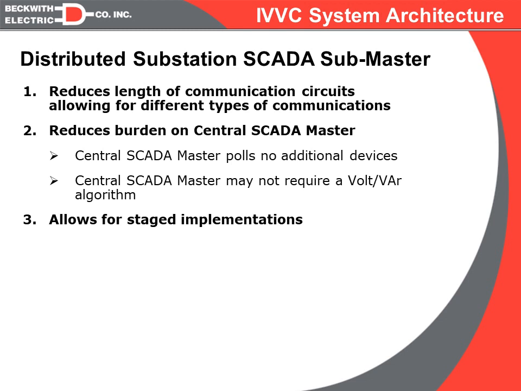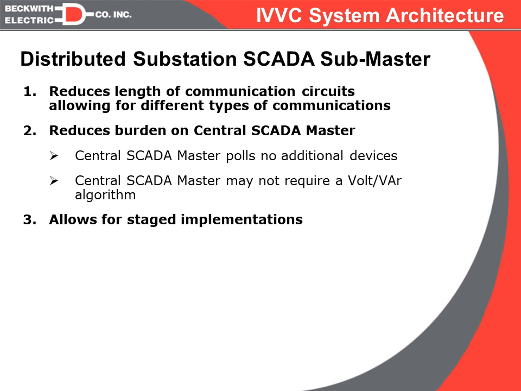So another approach would be a distributed approach, where the SCADA master is not running the IVVC system, but a substation automation system is running it. The advantage of that is twofold. Number one, it reduces the communication requirements.